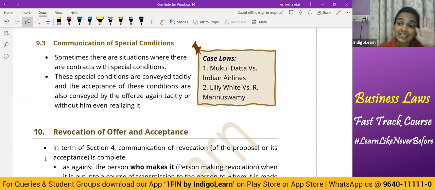So they clearly state all of it in the form which is given to you. And if you do not read the form and only sign it without reading it, it is your problem, not theirs. So some special conditions are conveyed tacitly and they are also accepted tacitly. So this was about communication of certain special conditions.